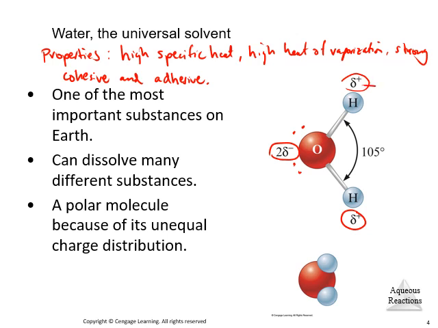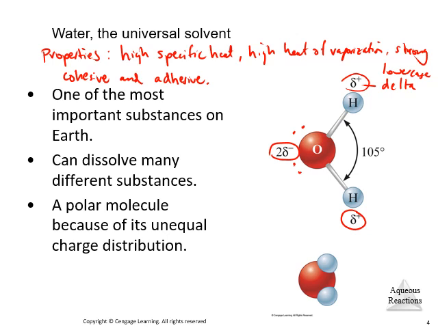The symbol that you see here is the lowercase delta sign. And we have 2 positively charged areas of the molecule, and we have one negatively charged area around the oxygen. We have the center of positive and negative charge not being in the same place, so it would create a permanent dipole within the molecule.